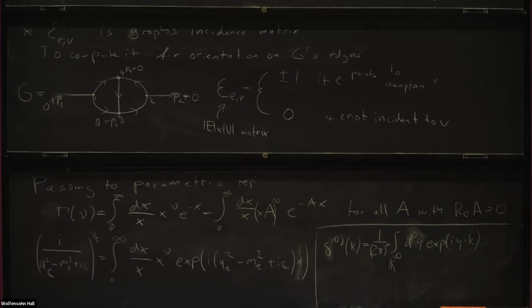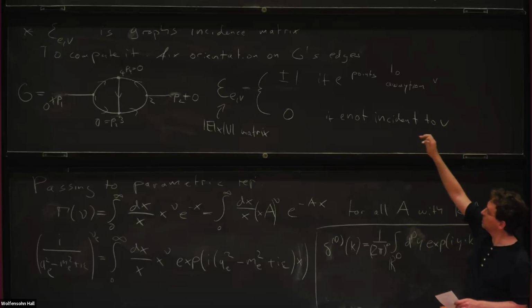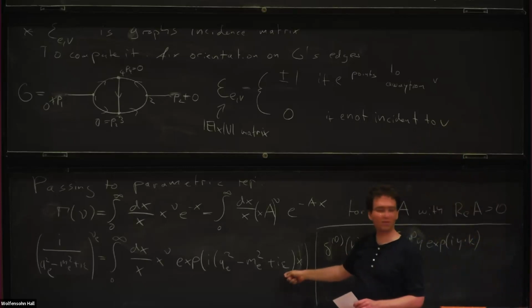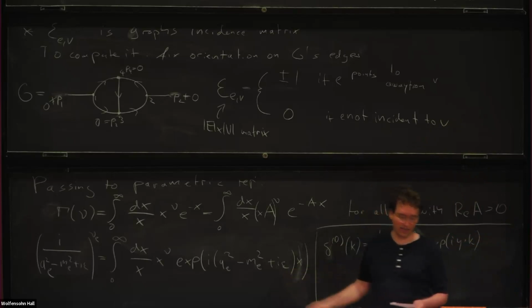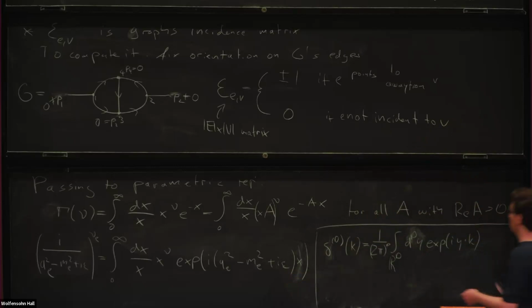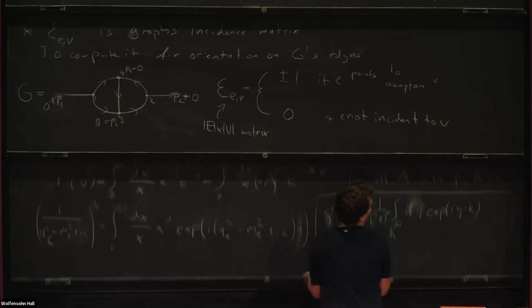And so we can use these two integral representations of the various terms to write everything in this Feynman integral in terms of an exponential. And this is the last step that I can still do before the break, maybe.